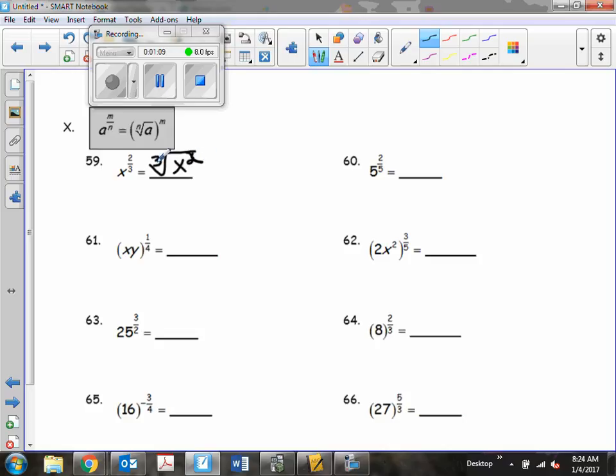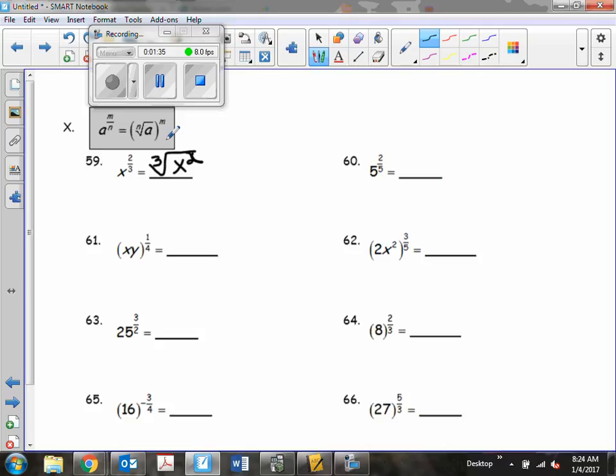Because that 3 goes with that bottom number, it goes with the radical. That 2 goes with that x as that exponent. Now, I cannot do anything else here because my radical is saying groups of 3 and x squared is only 2 x's, so I cannot reduce, I cannot pull anything out. So this right here is as far as I can go.